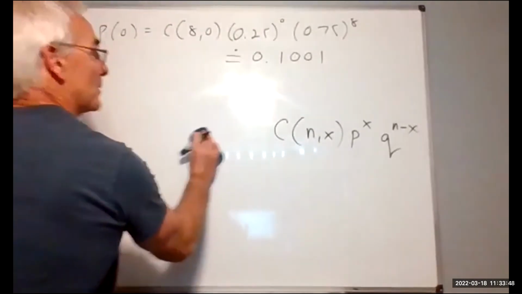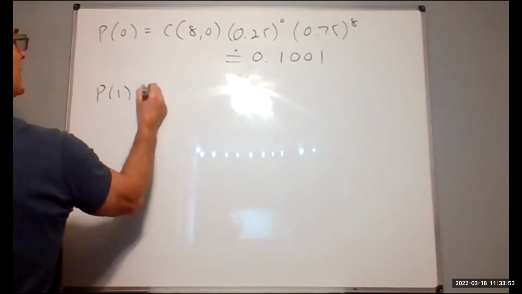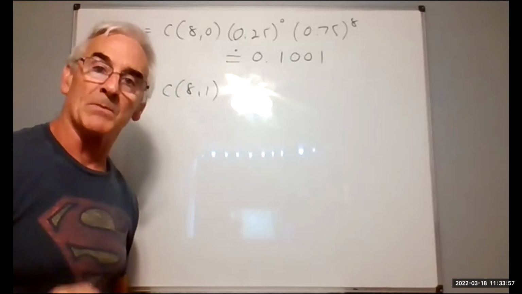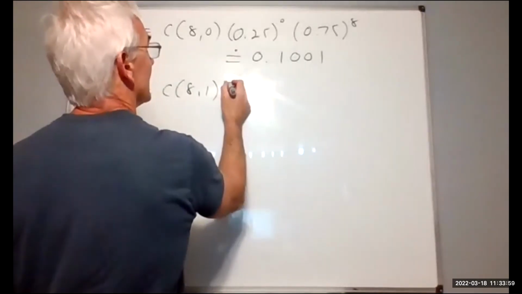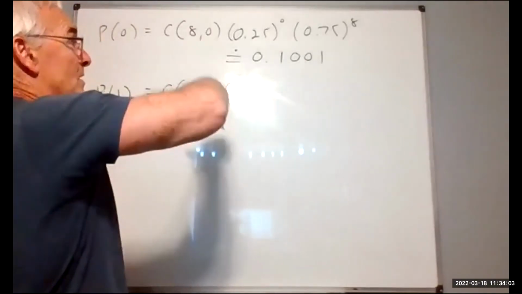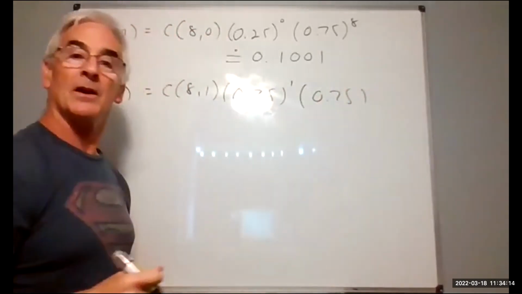So now let's do the probability of 1. The probability of 1 is combination 8 choose 1. What am I going to multiply that by? I mean, look at the one above it. 0.25 to the power of 1, and then 0.75 to the power of 7.